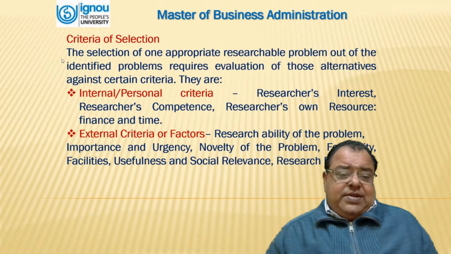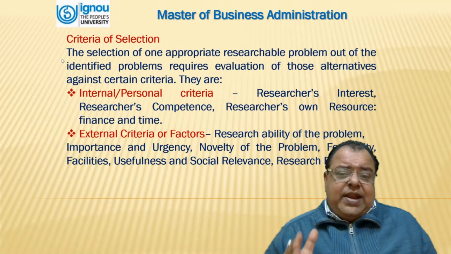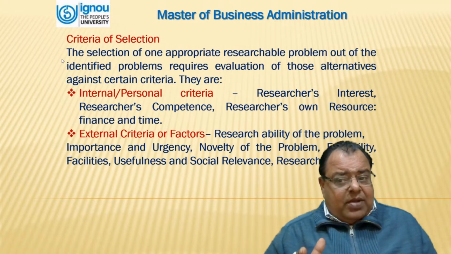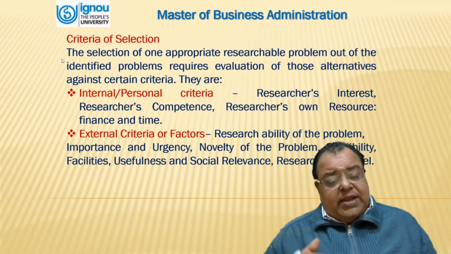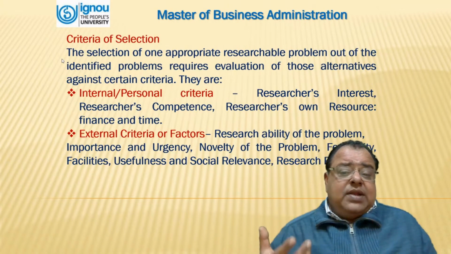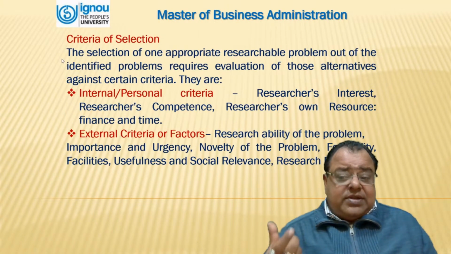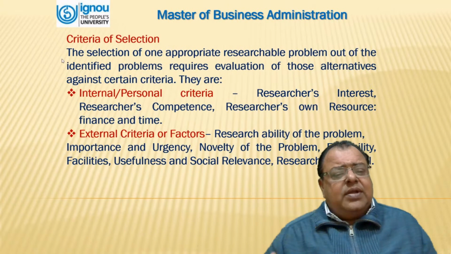Criteria of selection. The selection of one appropriate researchable problem out of the identified problems requires evaluation of these alternatives against certain criteria. They are internal or personal criteria: researcher's interest, researcher's competence, researcher's own resources, finance, and time.